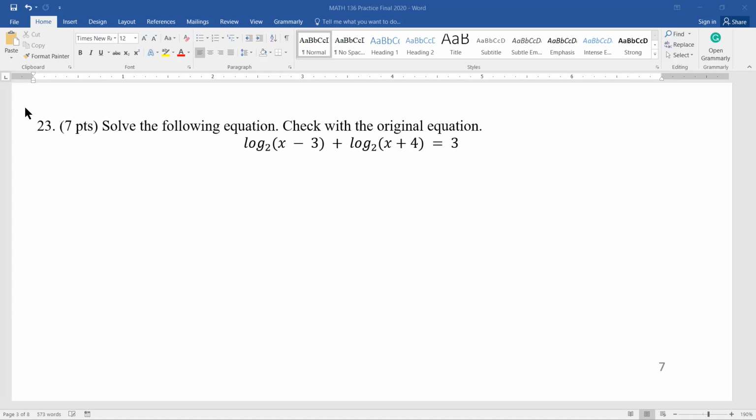Now that we have this, we want to rewrite this in exponential form. So the base 2 to the third power is going to equal what's in parentheses, x squared plus x minus 12. 2 to the third power happens to be 8, so 8 equals x squared plus x minus 12. You're going to subtract 8 from both sides to get a new quadratic.